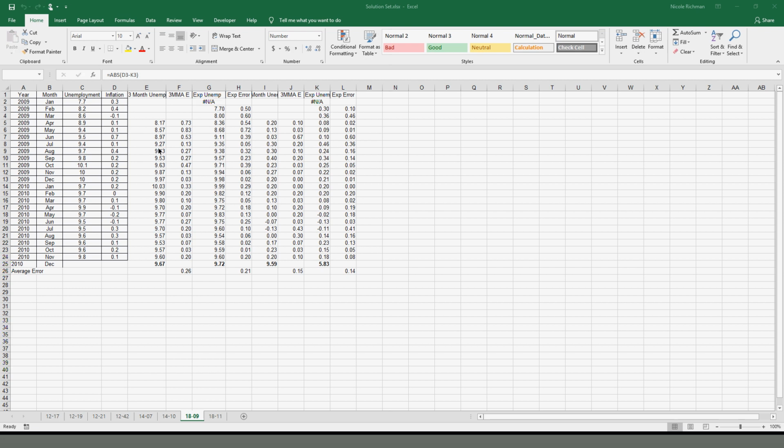And there are two ways, again, that we can get this forecast for regression. We can use the y equals mx plus b, and we're going to do equals slope. And it's asking for our known y's and our known x's.